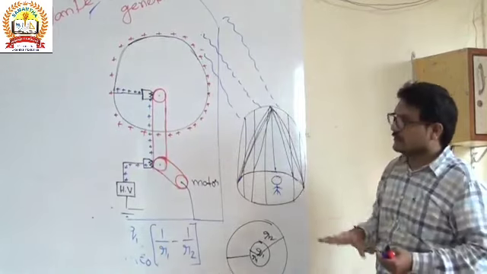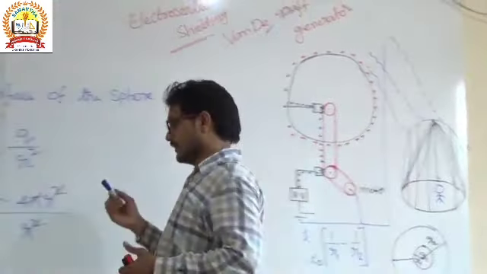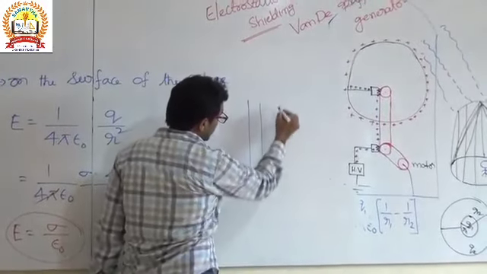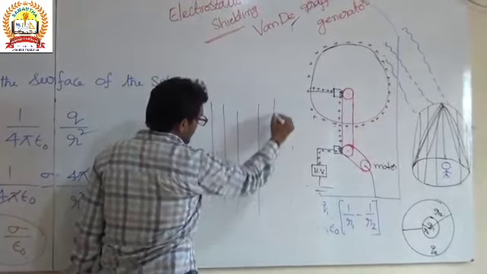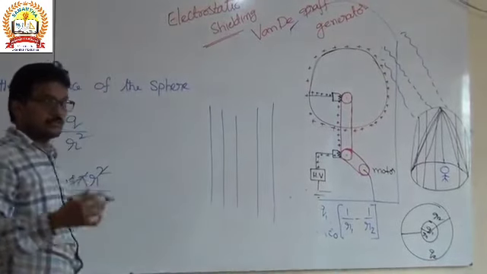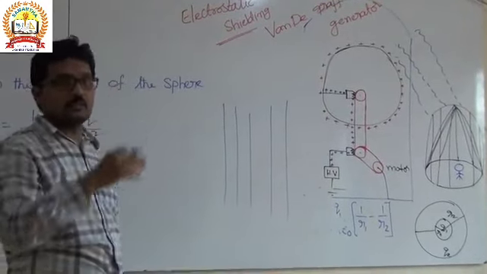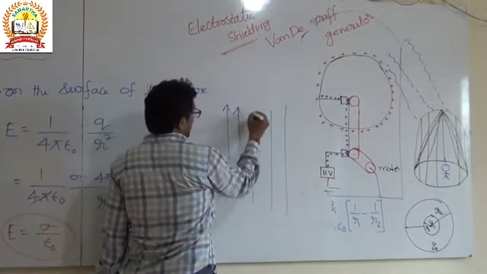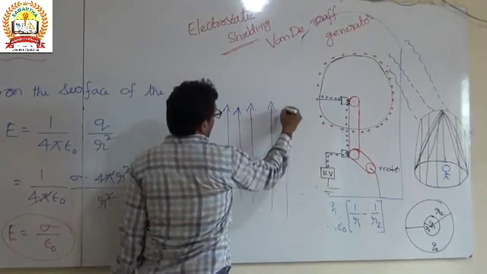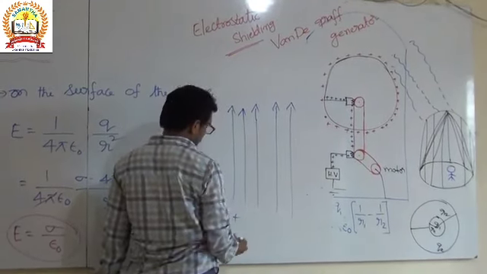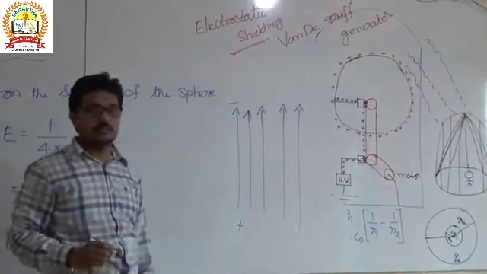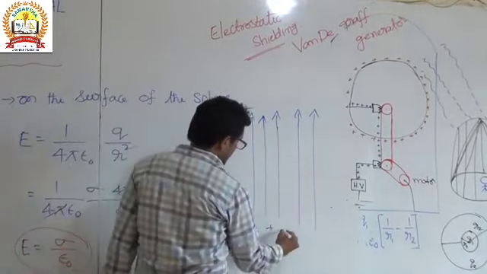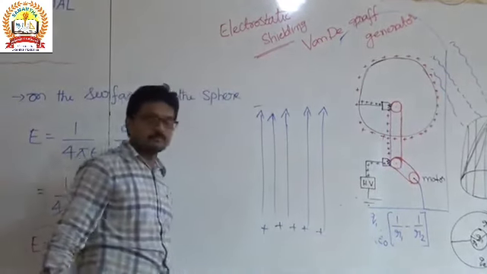Or in another way also we can discuss, we know that electric field is from positive to negative charge. How am I showing that the person can be protected from the sparks? We know that electric field is from positive to negative charge. That is a uniform electric field, and it moves from positive charge to negative charge.